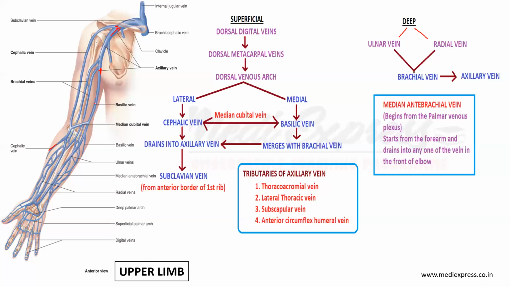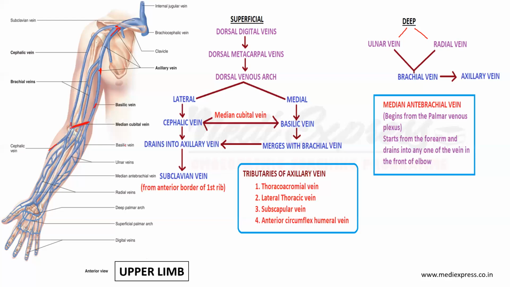So here, same, we have two branches. It drains into the axillary vein, and then it drains as the subclavian vein. Now remember, the cephalic vein and the basilic vein have a connection, that is the median cubital vein.